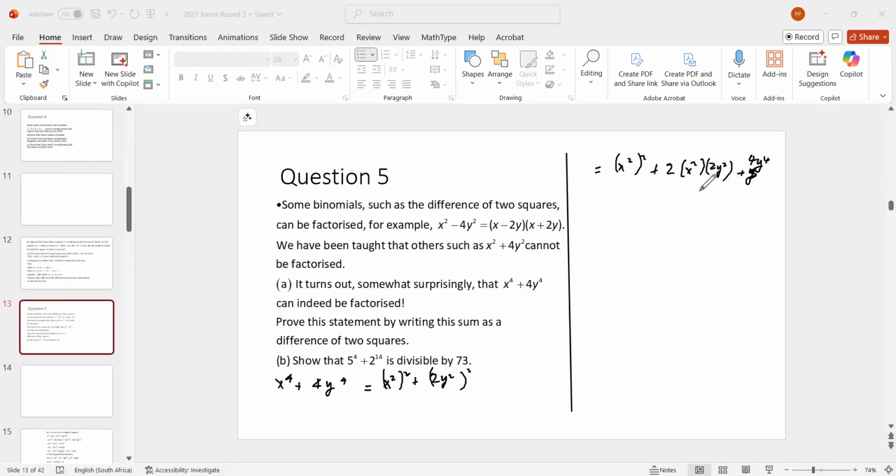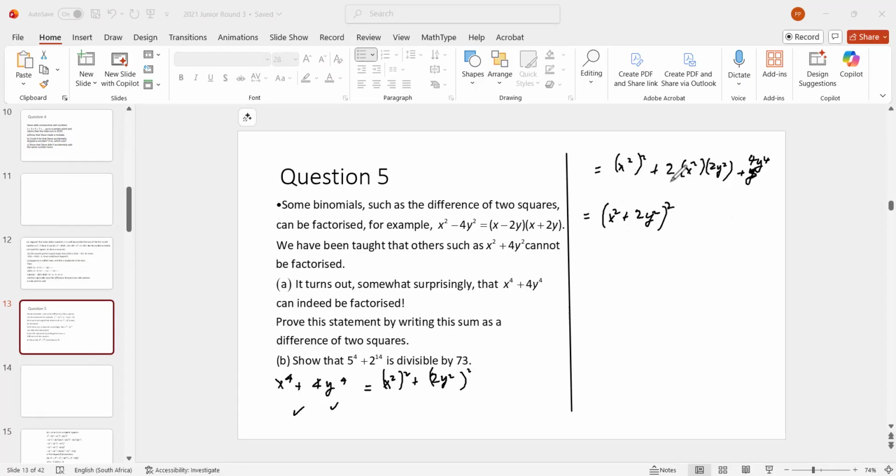So I've added this thing here. The reason why I added this is now it becomes x squared plus 2y squared all squared. See, when you expand this, you have x to the fourth. The other term, 2y squared all squared, is 4y to the fourth. But there's a middle term, which is 2 times x squared times 2y squared. There it is. Right.